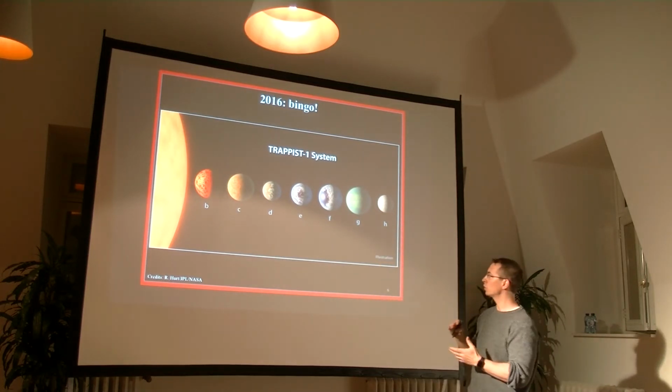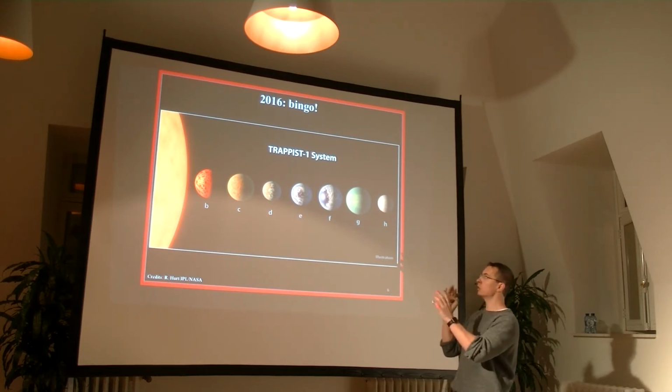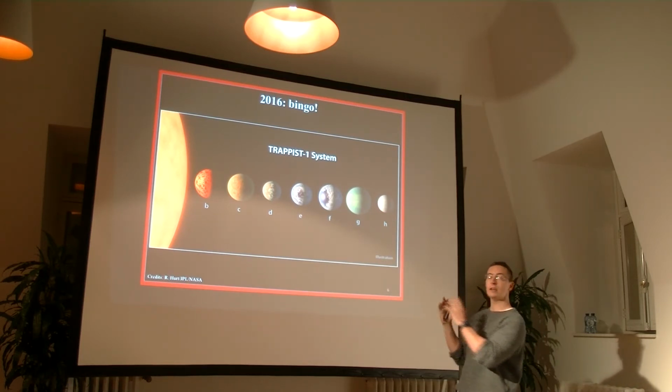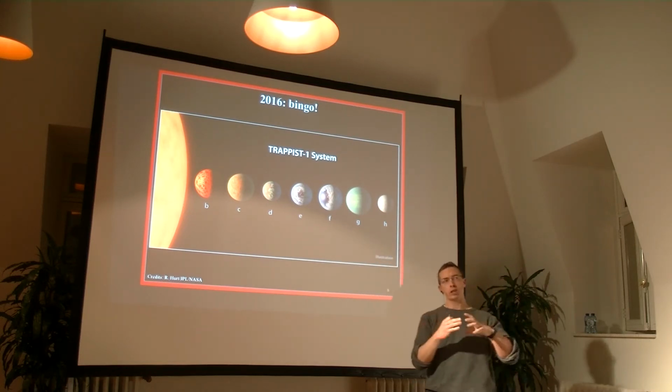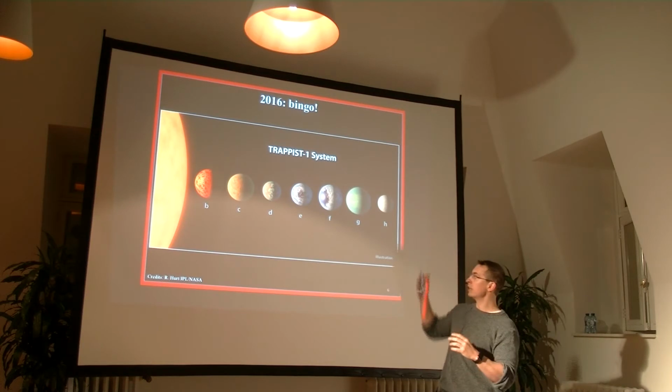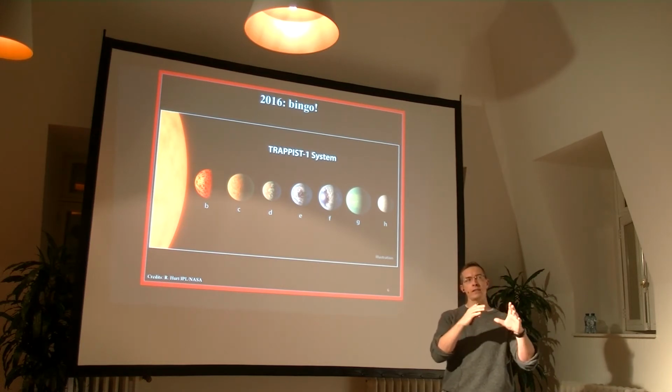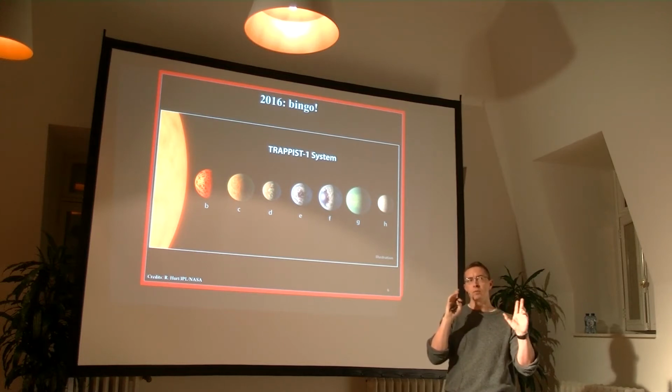So we're really talking about distances something like 100 times smaller than the distance between the Earth and the Sun. But still, because the star is so small and cool, these planets receive more or less the same amount of light that we receive on Earth from the Sun. So these planets could have some liquid water on the surface, in theory.